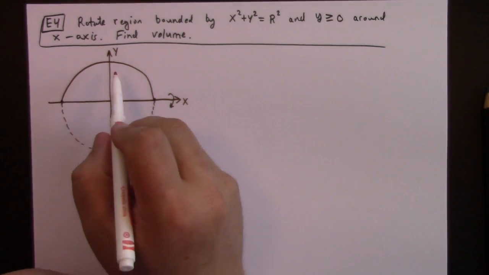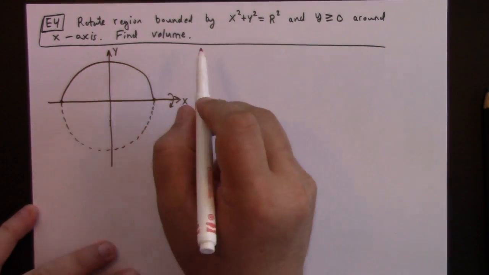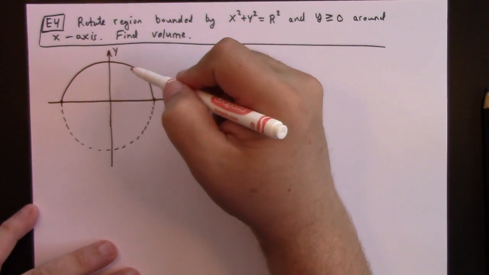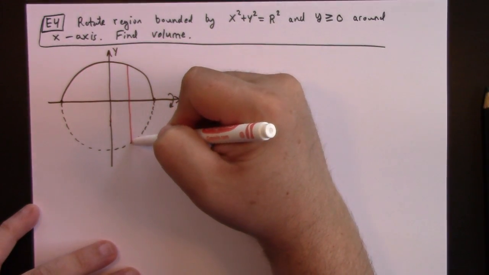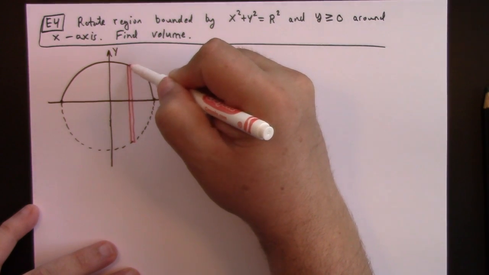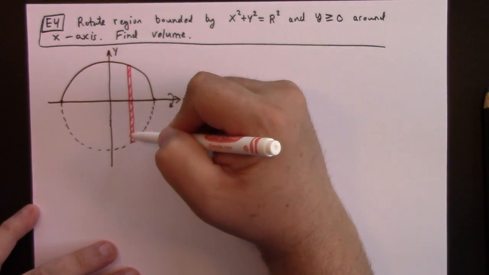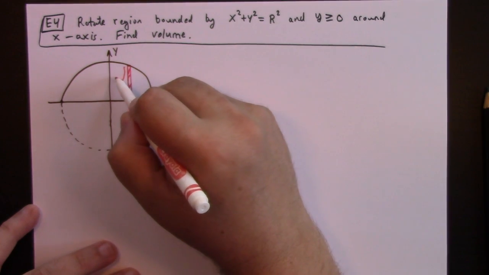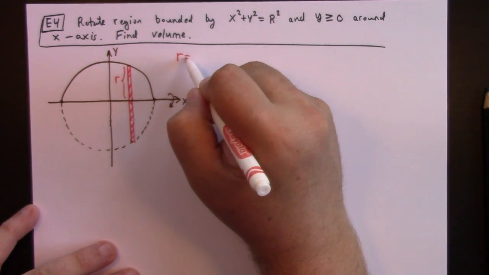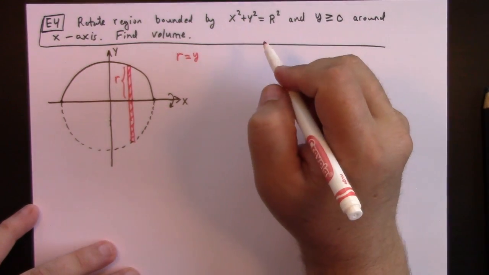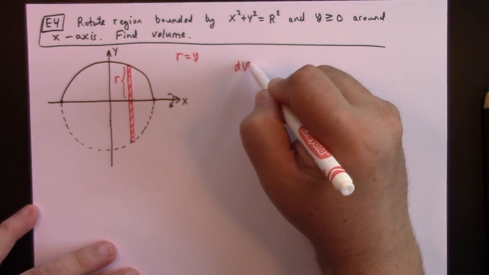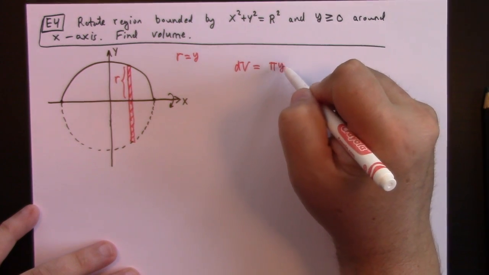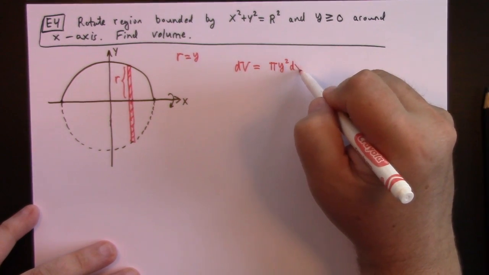So basically we can look at a disk. Let's see here, how do I want to do this? I'll do it like this, like so. Right? So it's fairly clear the radius is this. I mean, the radius is equal to y. So dV is pi y squared, and the thickness is dx, right?